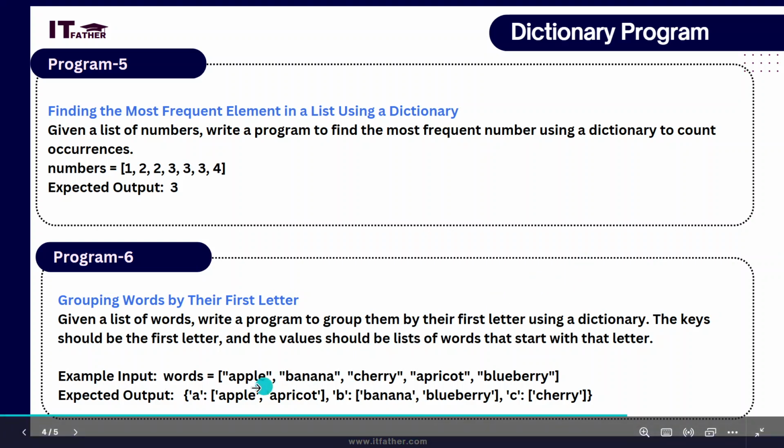If we have apple, banana, cherry, apricot, blueberry, the input is a list and the output is a dictionary. A has apple, apricot, B has banana, blueberry, and C has cherry. It is not so tough, it is simple. Let's do it one by one.